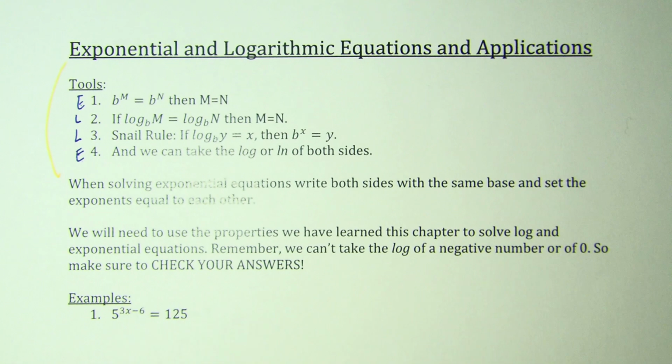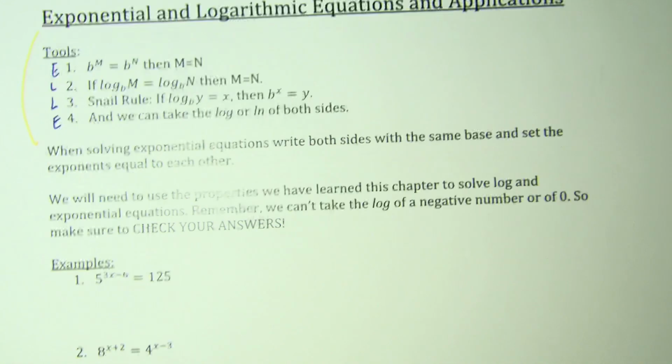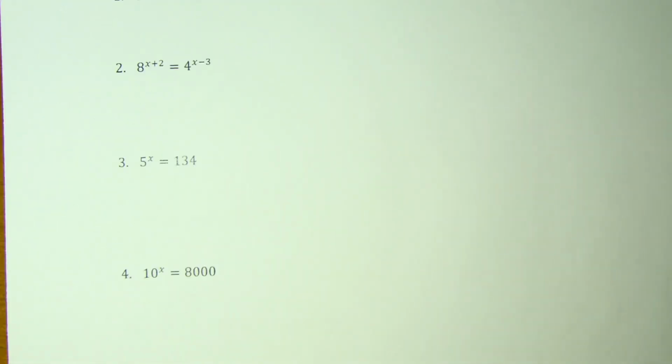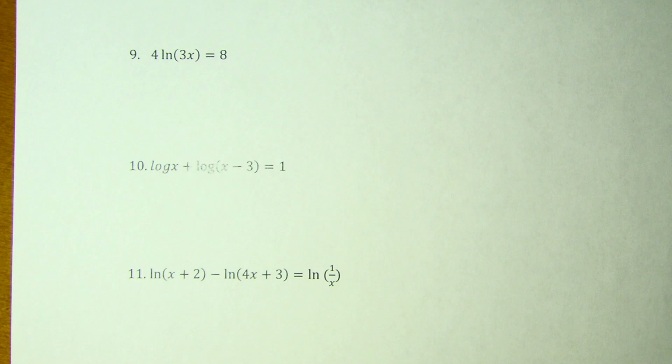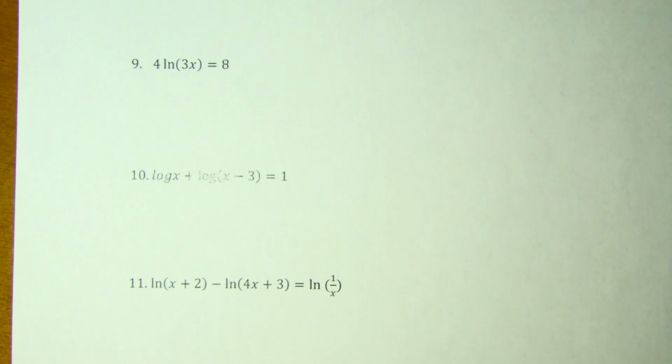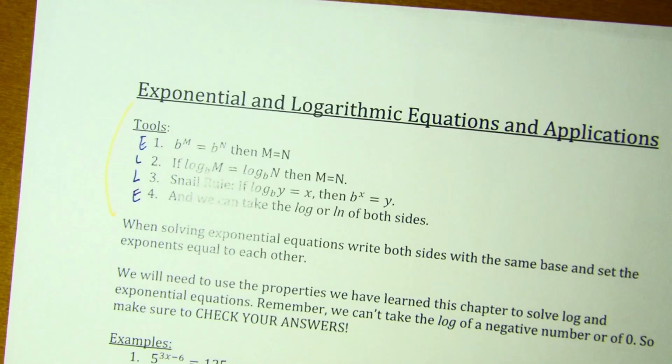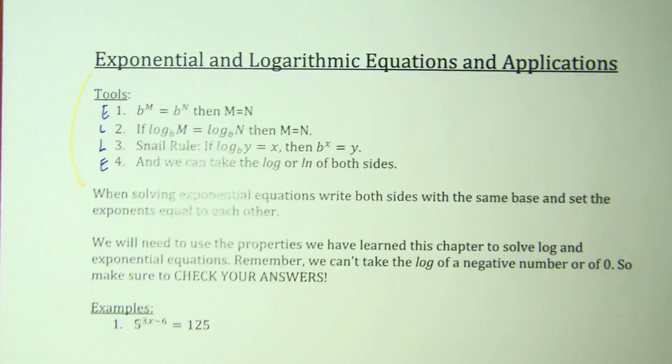There's no logarithms in this equation. So this whole first page are all examples of exponential equations. This page here is examples of logarithmic equations. There's logs in all of those equations. So the first and the last tool are for exponential equations, and then the middle 2 are for log equations.